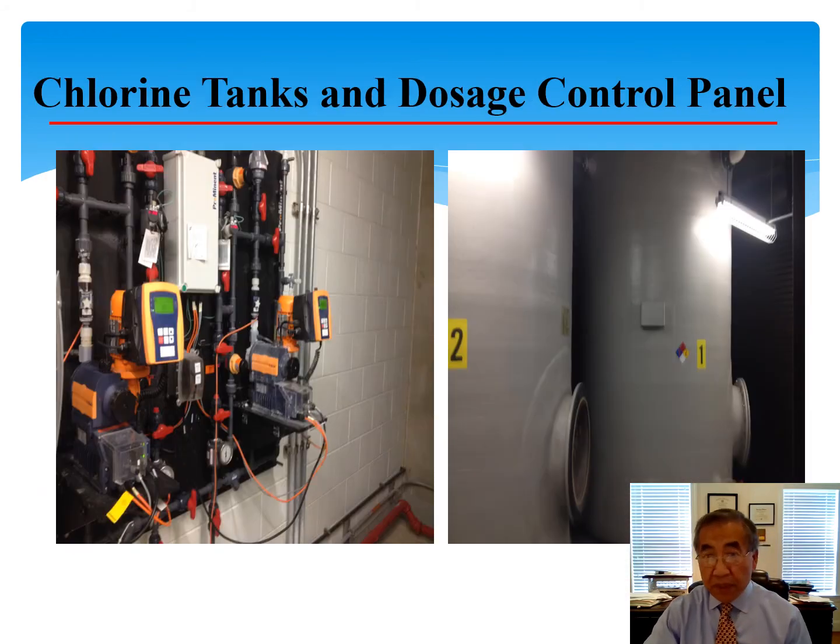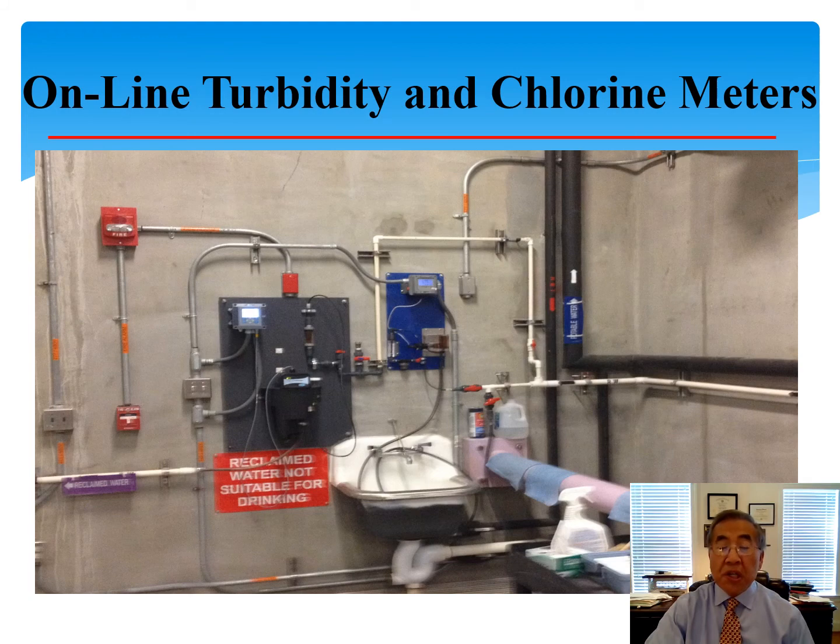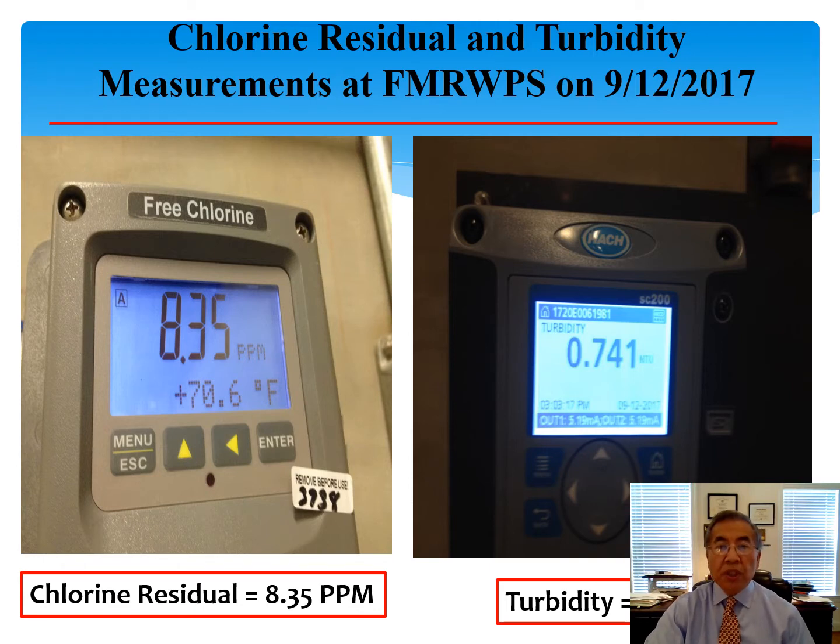Inside the pumping station, they have a chlorine tank, a chlorine dosage panel, and also an online turbidity and chlorine meter to measure the residual chlorine. On this particular date, September 12, 2017, when I took the picture, their chlorine residual is 8.3. However, their turbidity is 0.7. That meets our requirement.